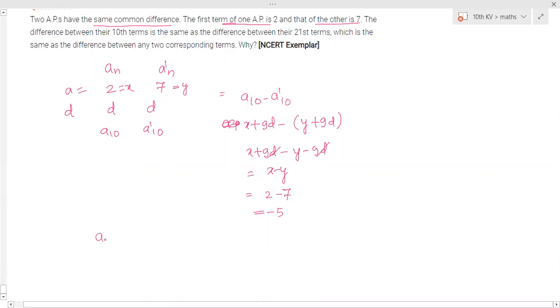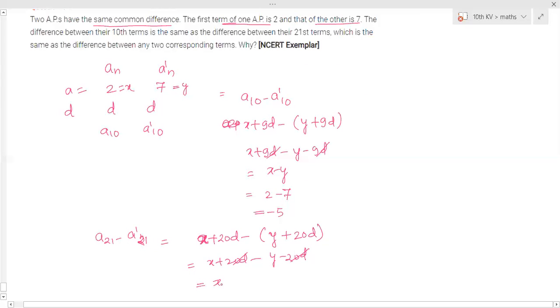And then the 21st term difference will also be the same. a21 minus a dash 21 is equal to x plus 20d minus y plus 20d. So in this case, x plus 20d minus y minus 20d.